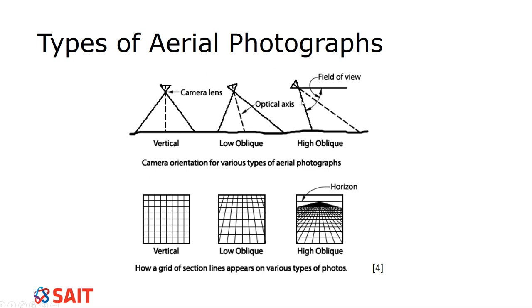That's another thing that's different with the high oblique: the nadir is not in the photograph. You can see how the grids appear. Vertical, we can make pretty well scaled. Low oblique gets smaller at the top and larger at the bottom. And high oblique is really high, where you're seeing that horizon.